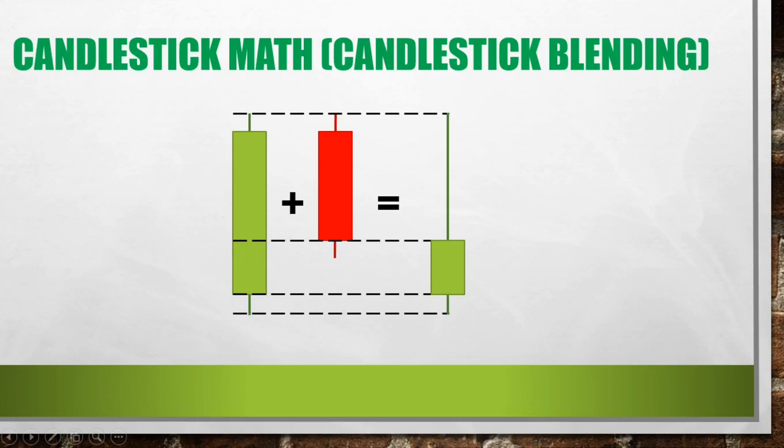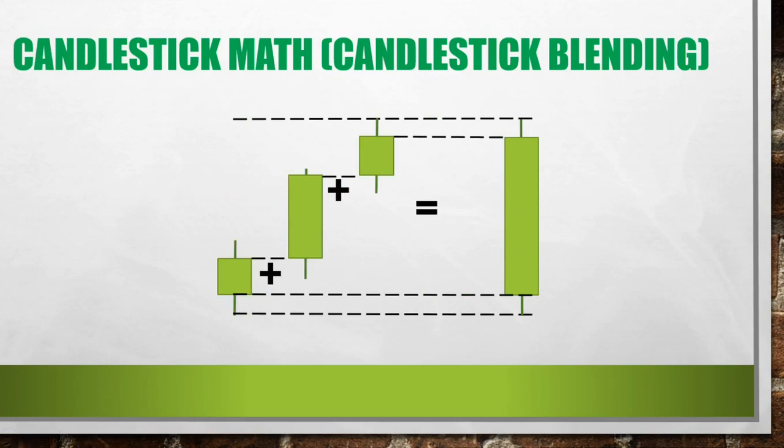The colors may vary, but the wicks and all the highs and lows reached during the period remain unchanged. You can see this adding much clearer in this graphical representation.